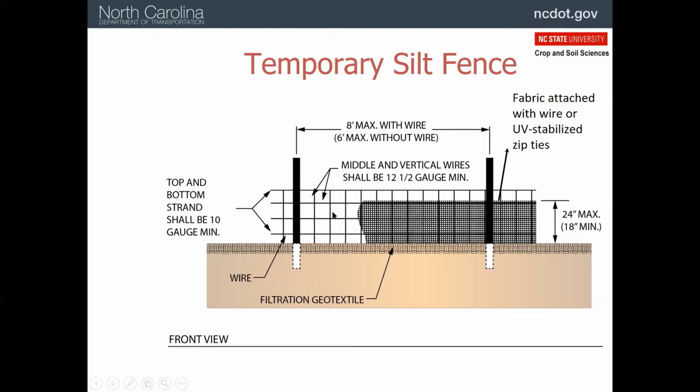And they can be 8 feet apart if you do have that hog wire backing. And so we're going to have 2 feet of silt fence above ground and 1 foot buried in the ground. Got zip ties that are used to hold it to the posts, and make sure that they are the UV stabilized zip ties. If you use an indoor type of zip tie, then they will degrade very quickly in the sunlight.